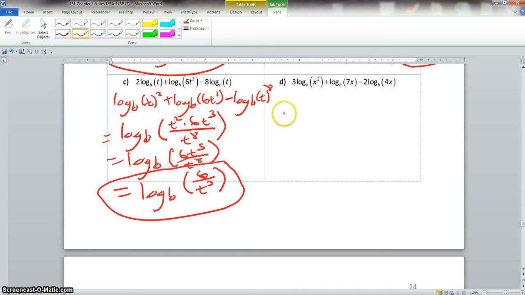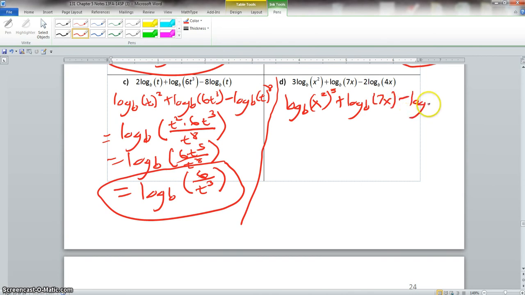Now we go here to D. Now again, we take these numbers on the outside and make them the exponents. Let me draw a little line here to separate this. So we will have log base b of x to the second to the third plus log base b of 7x minus log base b of 4x to the second power.